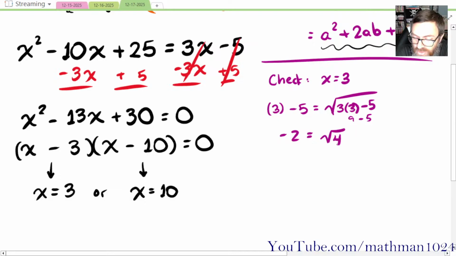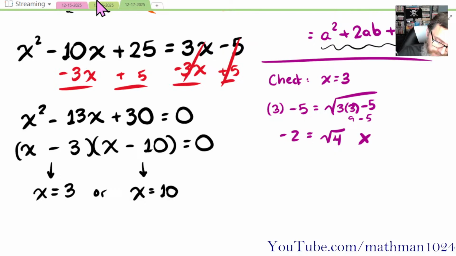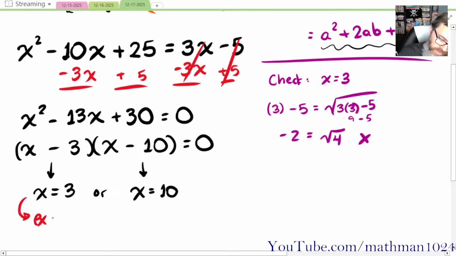Does -2 equal the square root of 4? The answer is no, right? If that square root symbol could have allowed for positive and negative, then it would have worked. But it doesn't. So this guy here is extraneous.